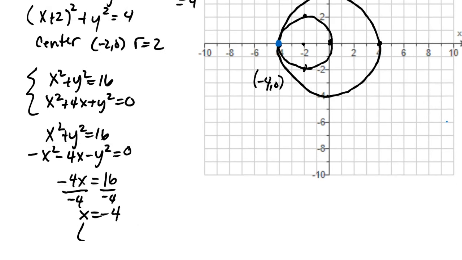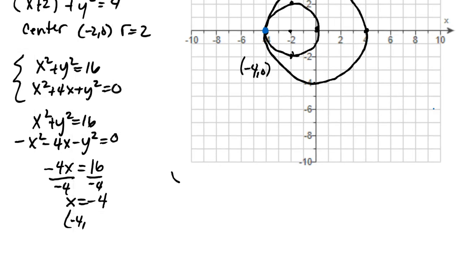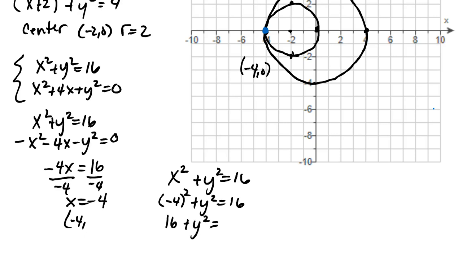So that gives me my x-coordinate of the intersection. To get the y-coordinate of the intersection, I can substitute this into either equation. So I'll substitute it into x squared plus y squared equals 16. So in for x, I put -4. -4 squared is positive 16.